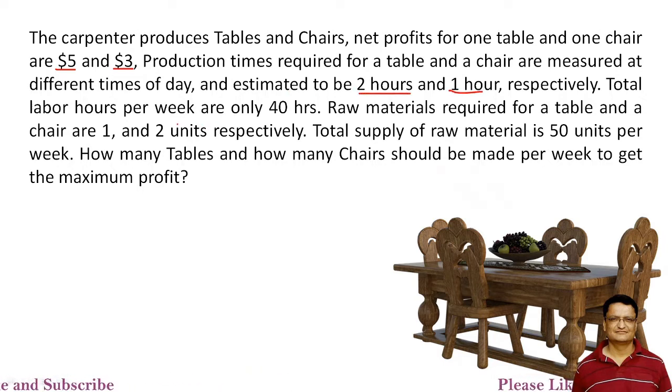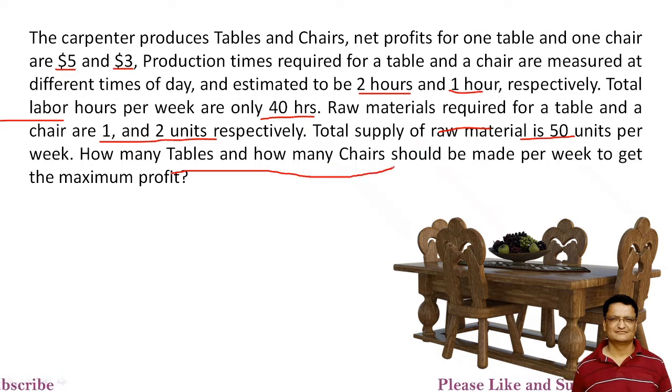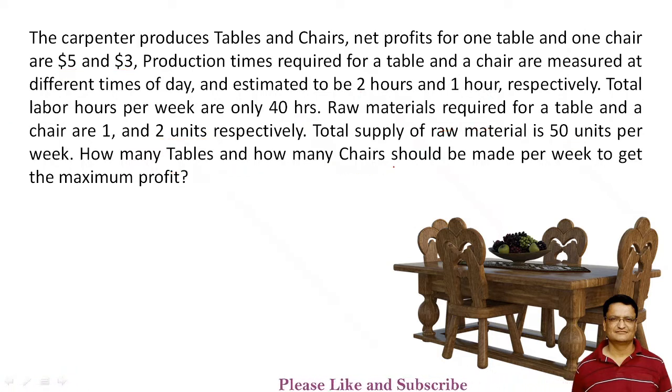Total labor hour is limited to 40 hours. Raw material required for a table and a chair are 1 unit and 2 units respectively. Total supply of raw material is limited to 50 units. How many tables and chairs must be produced per week to get the maximum profit?